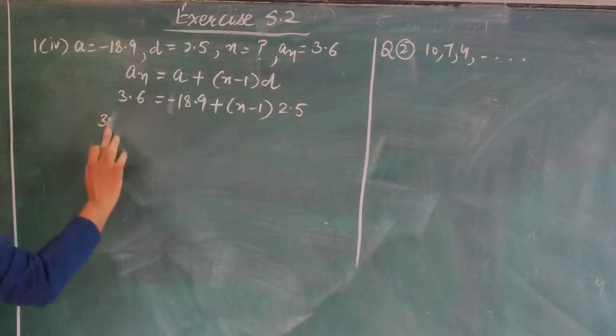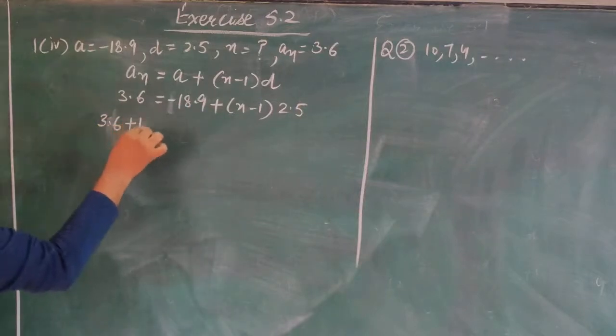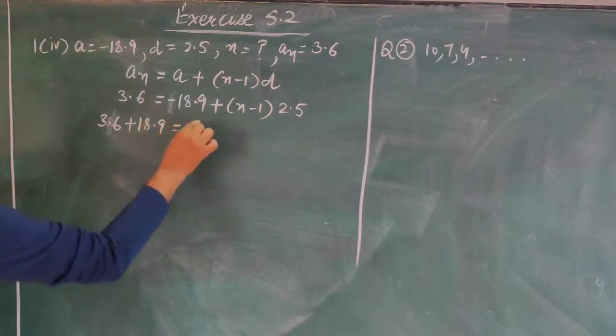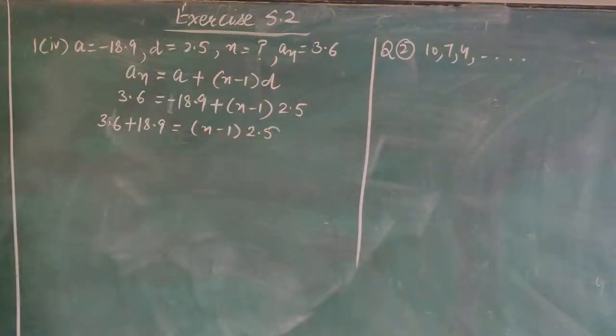So 3.6 is equal to minus 18.9 plus N minus 1 into 2.5. On the right hand side it will become plus 18.9.